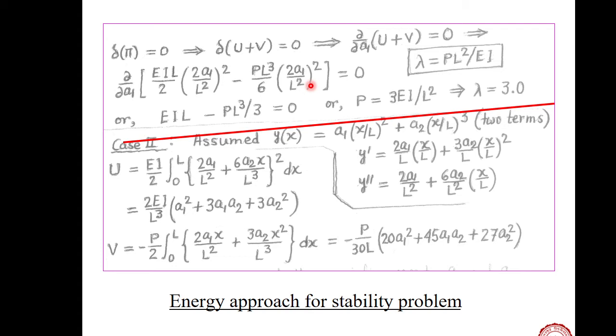So the remaining thing is this EIL minus this, 2, you multiply by 2, it is becoming PL cube by 3, this is equal to 0. This is what we are getting.